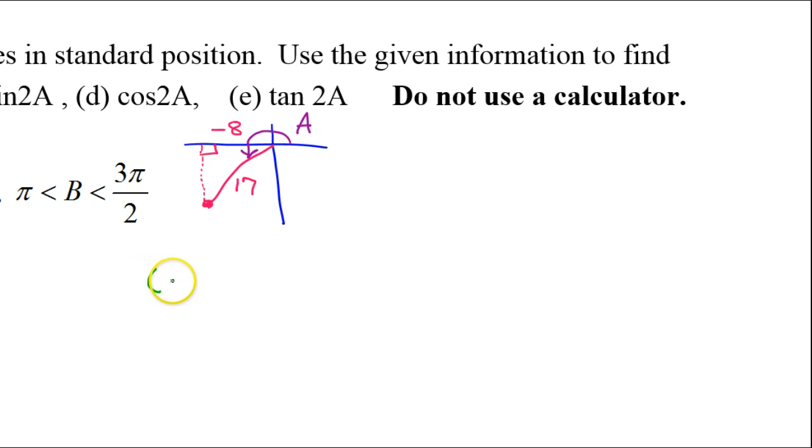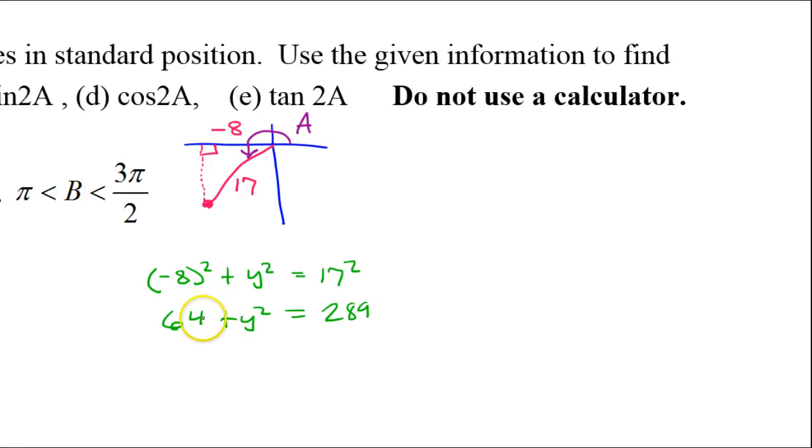So what we have Pythagorean theorem wise is x squared plus y squared is equal to radius squared. So that's going to be 64 plus y squared is equal to 289. Let me just double check that.